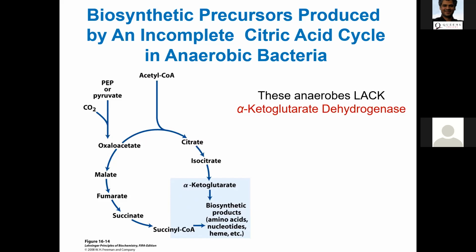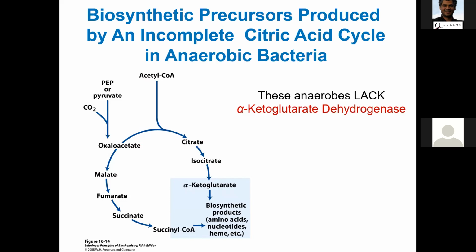So you will not have the same 8 reactions of the citric acid cycle. And why is that? It turns out that these bacteria are less evolved than us, obviously. By not carrying out the complete citric acid cycle, they are able to actually produce very much needed molecules that would be required for their survival.